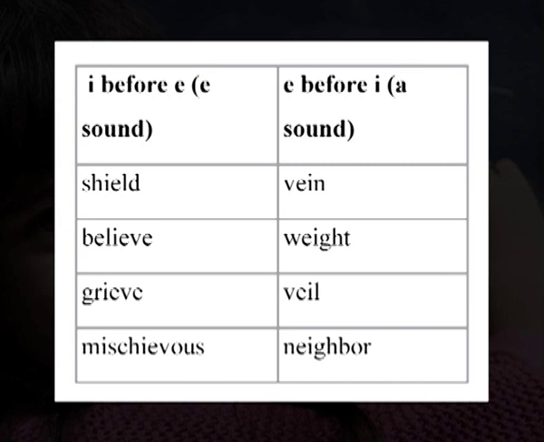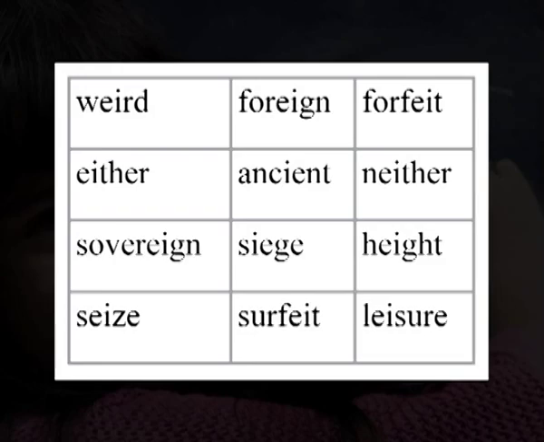And the next, E before I with A sound: vain, way, veil, neighbor. Once again, we do find exceptions as well. These are weird, foreign, forfeit, either, ancient, neither, sovereign, siege, height, seize, surfeit, and leisure.